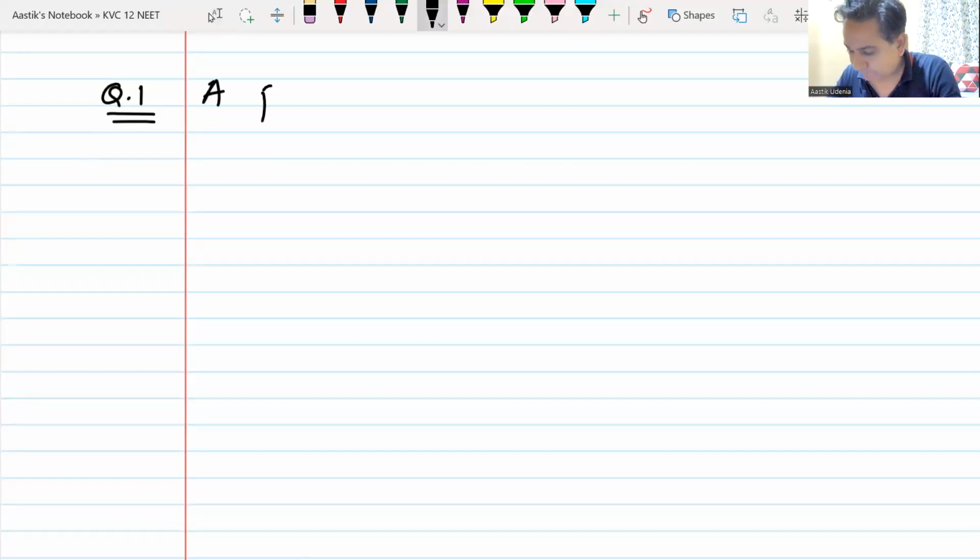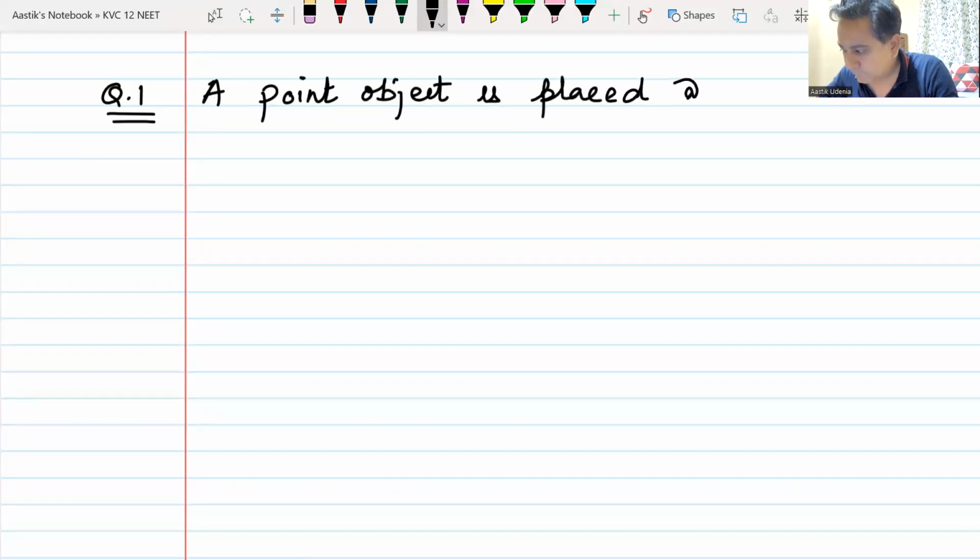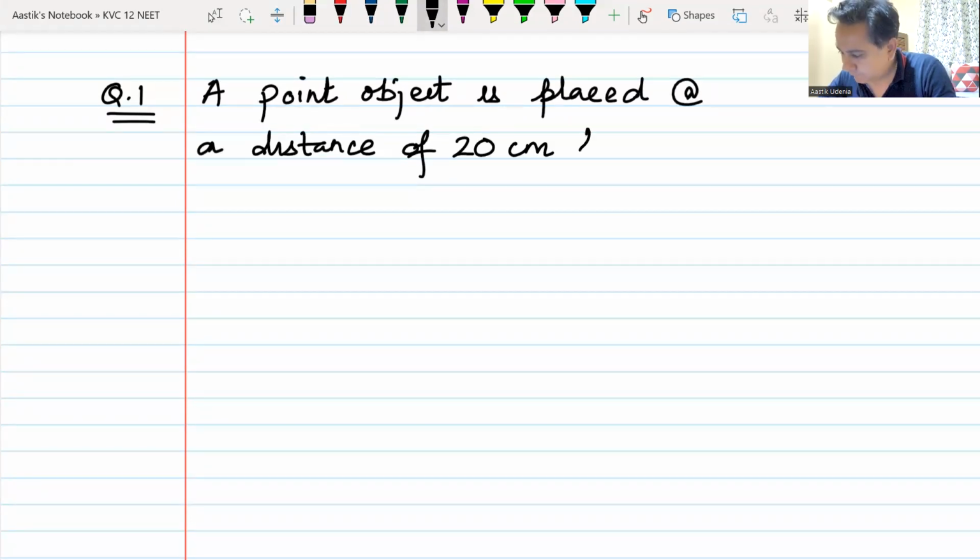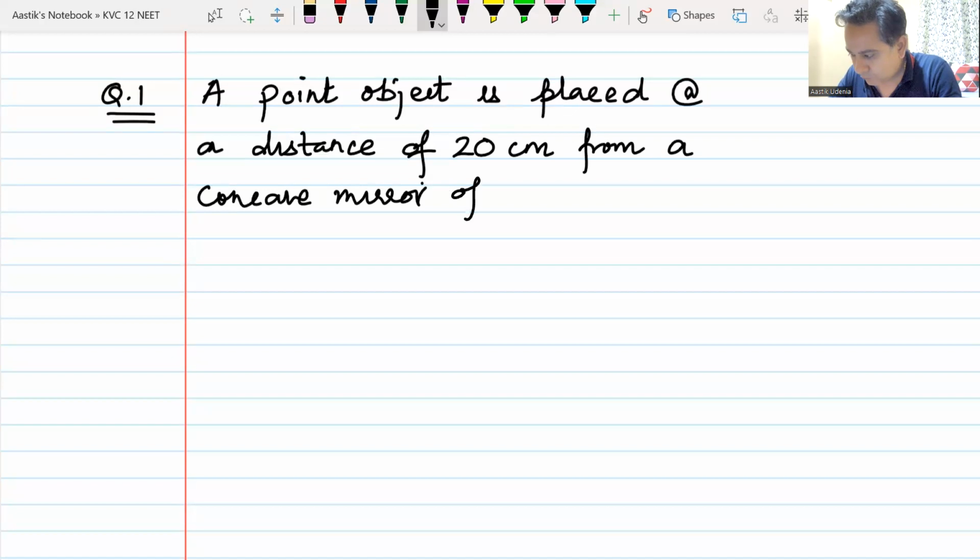A point object is placed at a distance of 20 centimeters from a concave mirror of focal length 15 centimeters.